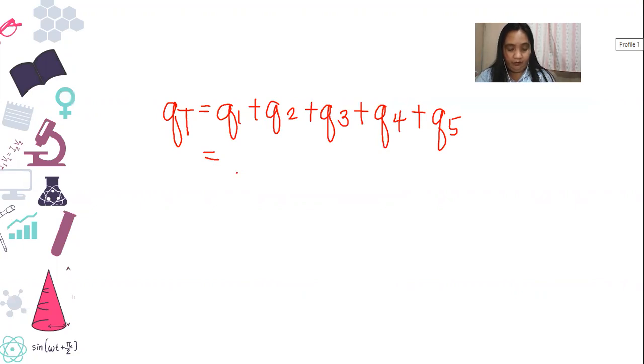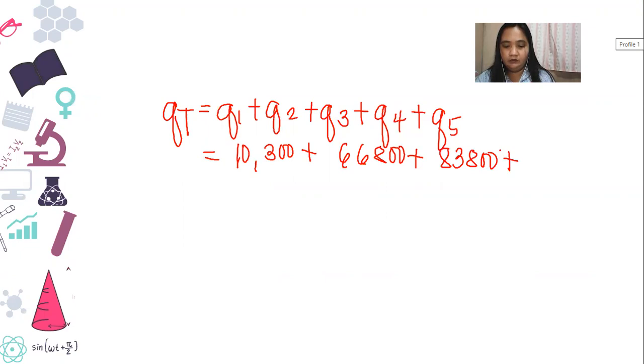Let me just review my computations in my calculator so that when you're trying to review this problem, it's clear. So it's 10,300 plus 66,800 plus 83,800 plus 451,400, and finally for Q5, that's 20,300.